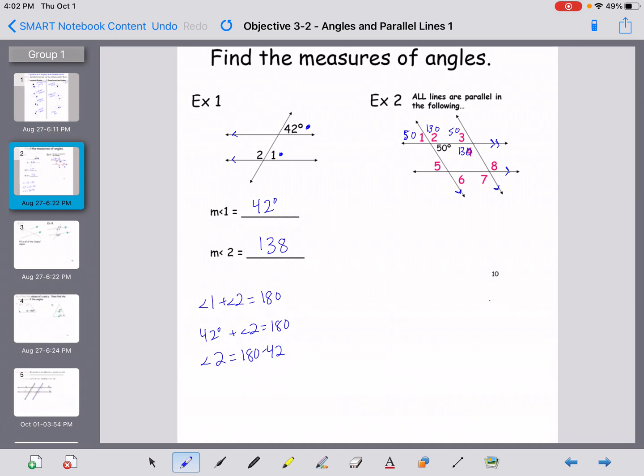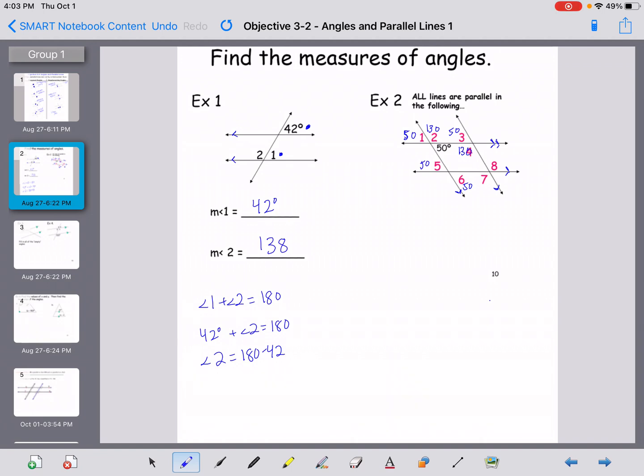50 degrees and angle 5, those are alternate interior, and they're also congruent. 5 and 6 are vertical, so 6 will be 50. Angle 6 and angle 7 are same side interior, so when I add those together, they equal 180.